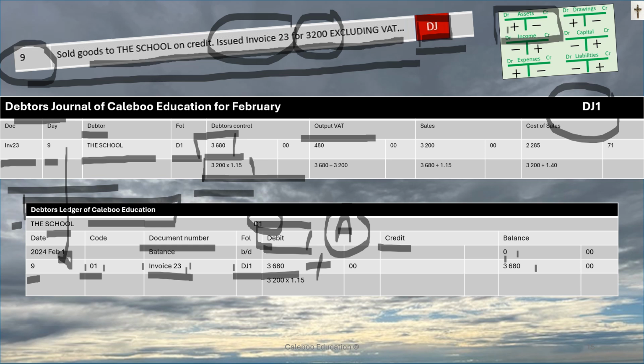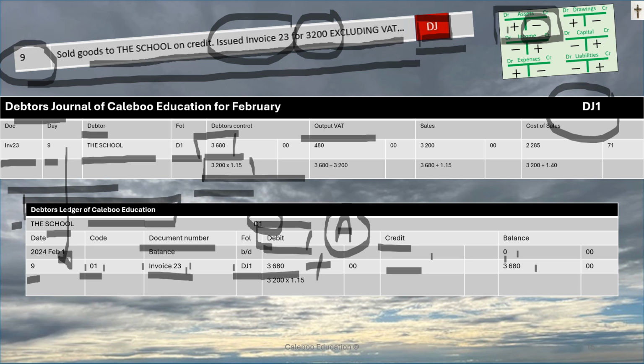The debit column will increase the balance of the account because it's an increase in assets. If a debtor had to pay us, it would be a decrease in what the school owes us, and the rule says a decrease in assets, it must be credited. But this one transaction resulted in the school owing us more. A debtor is an asset.